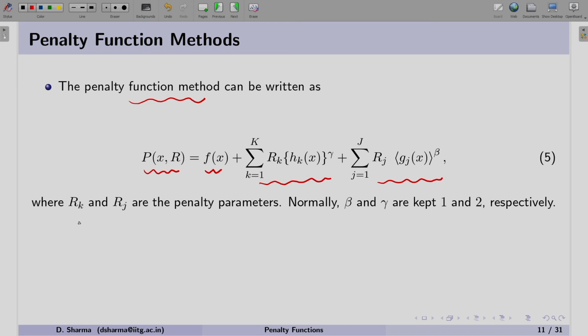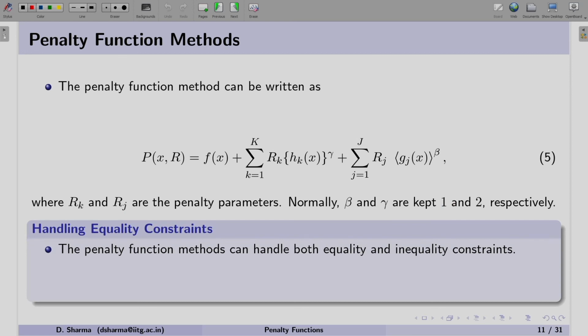Now here, as we have mentioned, Rk and Rj are the penalty parameters for every constraint in our problem. So generally we keep beta equal to 1 and gamma as 2. But from our previous discussion, we know that this gamma is going to be small. So either we take 1, in which case we have to take a mod, or we have to square the term of the bracket operator.